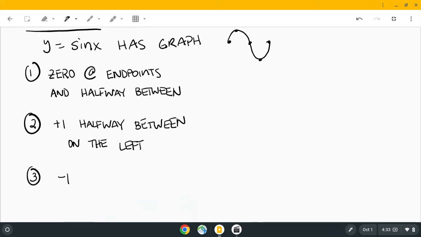And then we get -1 halfway between on the right. Okay, so halfway between on the right, we get -1.